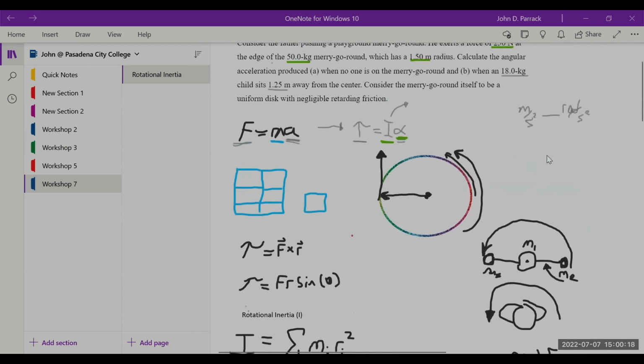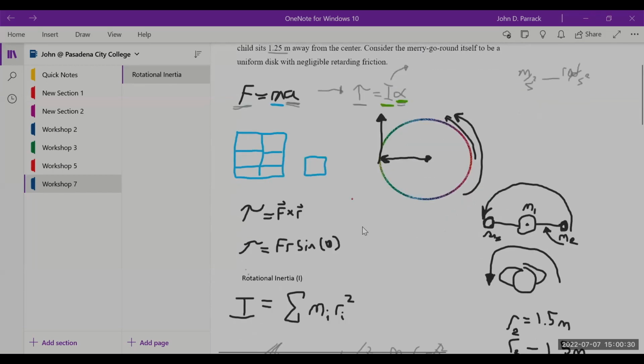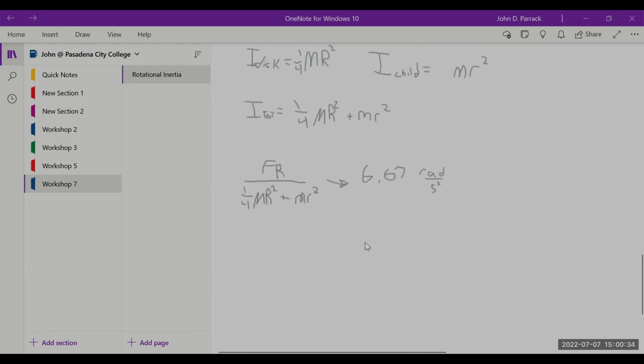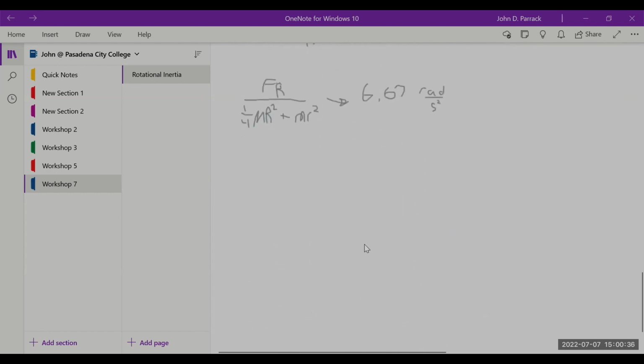And then remember to connect this idea, the angular acceleration, to your kinematics and to the rotational motion problems that we've solved previously. Sometimes your problems will be a mix of these. So I encourage you to tackle some more of these problems from your workbook, but this is your approach for solving for rotational inertia.